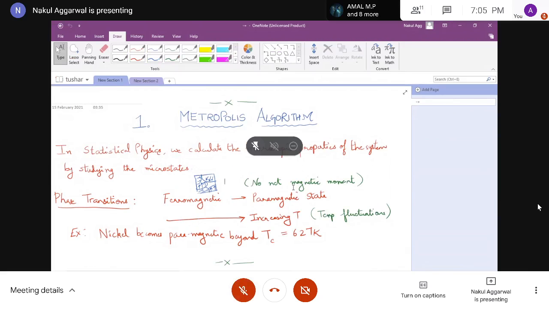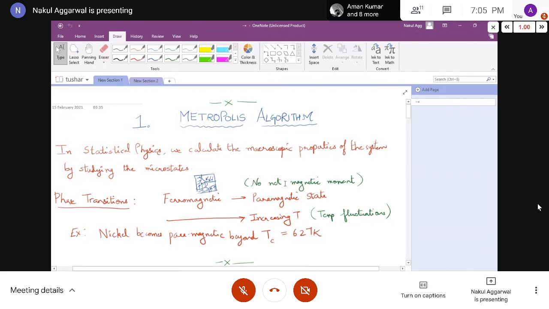I also want to write simultaneously, and that is the only reason I currently have the unlicensed version of OneNote. Nonetheless, according to the schedule, today we'll be discussing four key aspects in optimization. We'll start with the Metropolis algorithm, and then this will set an inspiration for simulated annealing.